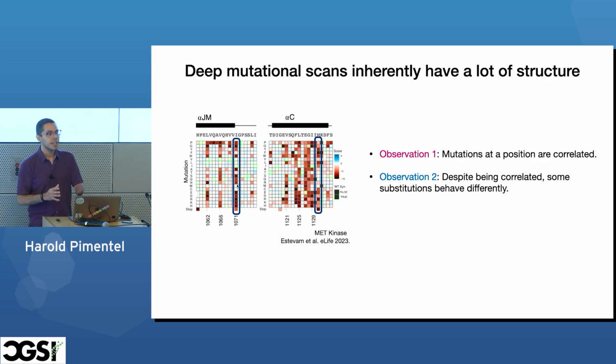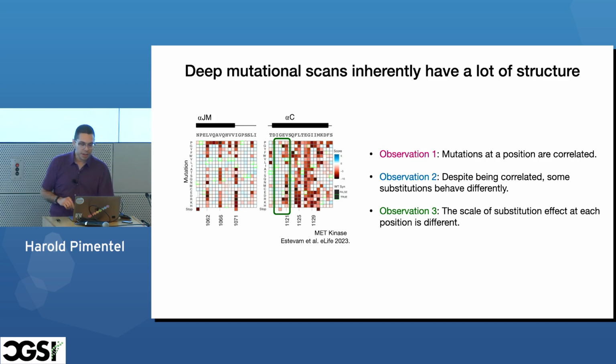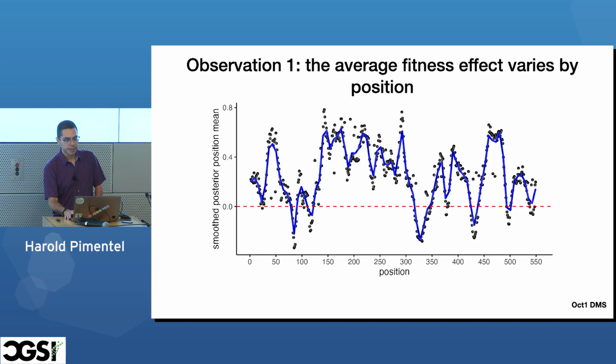So this is sort of kind of expected, and we'll talk about that in a moment. The other thing is that different positions have sort of different scale of effects, right? That is, you might expect a much stronger effect at some specific position, or you might expect a weaker one, right? And on average, the observation turns out to be somewhat true. Yeah? So hopefully these are sort of clear from this picture.